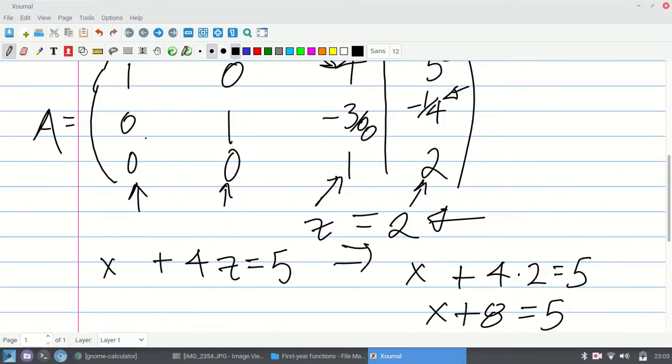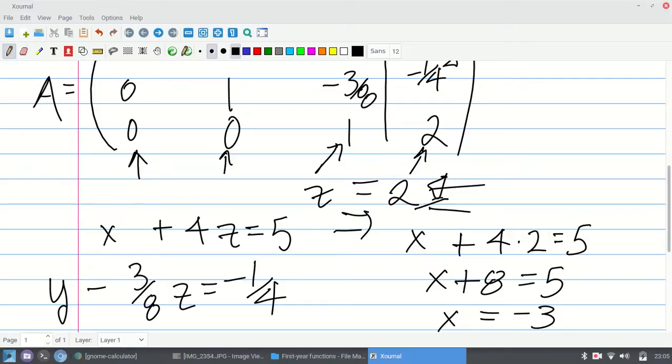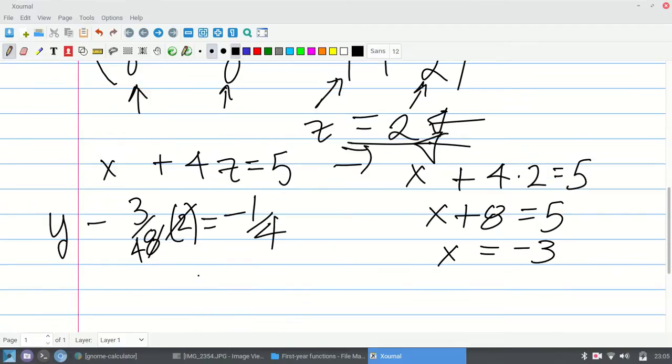So I'm going to use my second equation, which says that y minus 3/8 of z equals negative 1 over 4. But again, z is 2, so plug in 2. The 2 will cancel with a factor of 2 in the bottom, so I get negative 3/4. So I get y minus 3/4 equals negative 1/4.